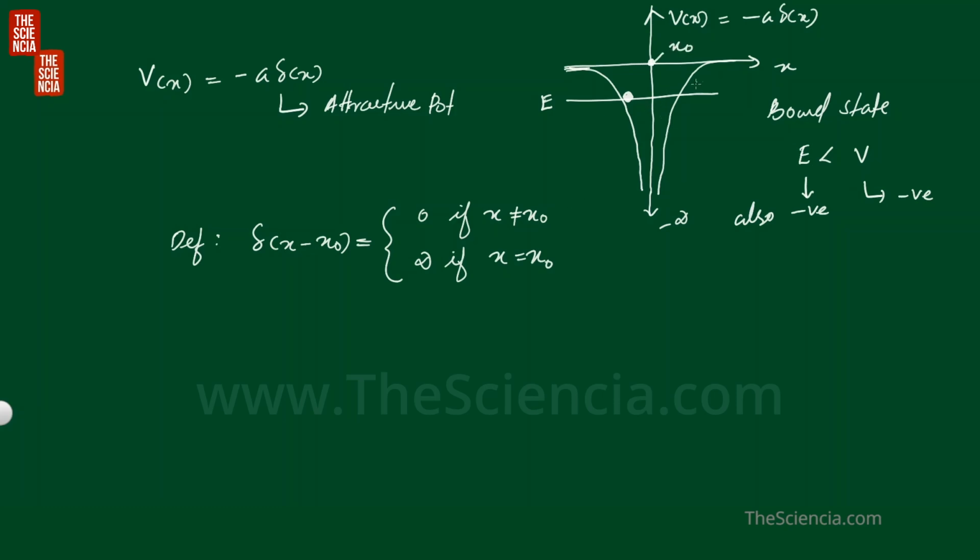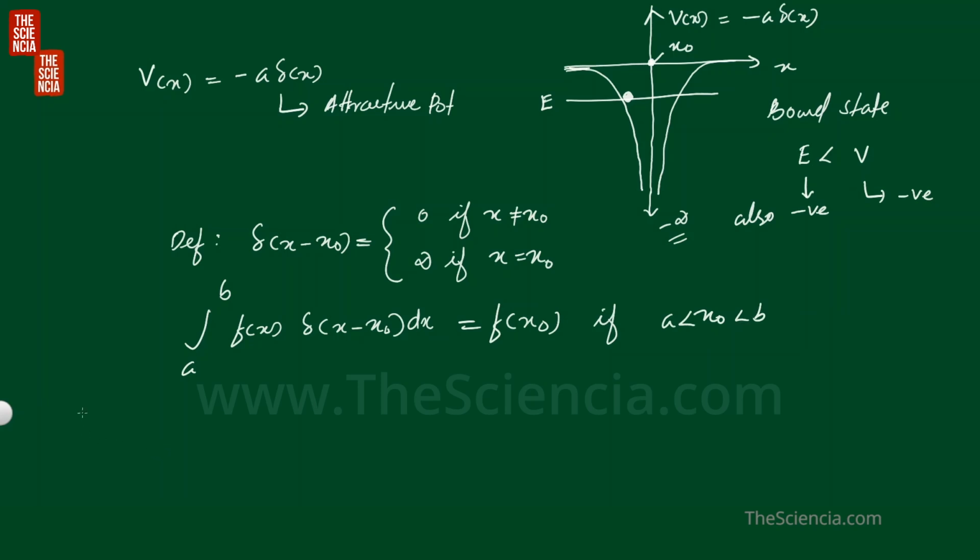When x equals x0, the value is infinity, right? And there is one more condition. If you are integrating a Dirac delta function from a to b, that is, f of x into delta of x minus x0 dx is equal to f of x0 if this x0 is in between a and b.